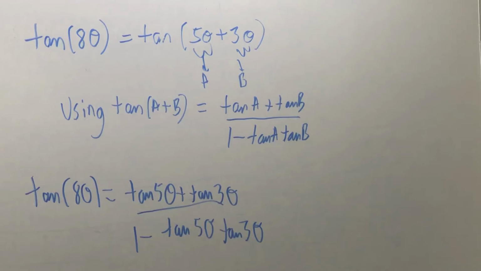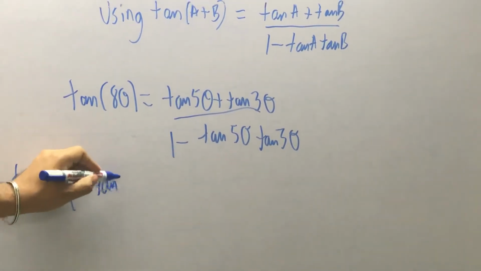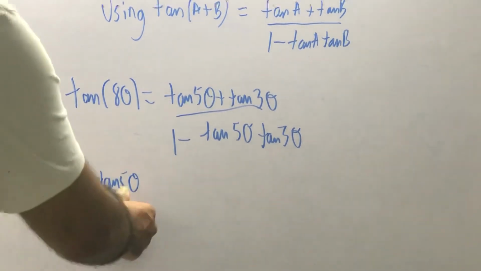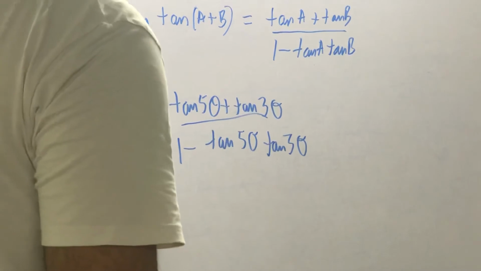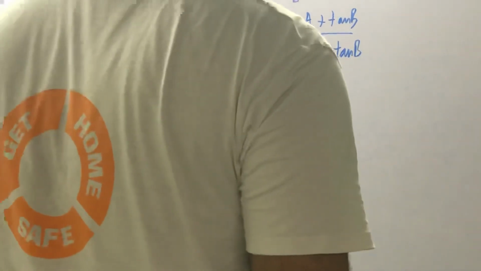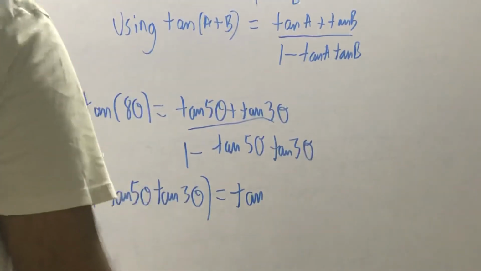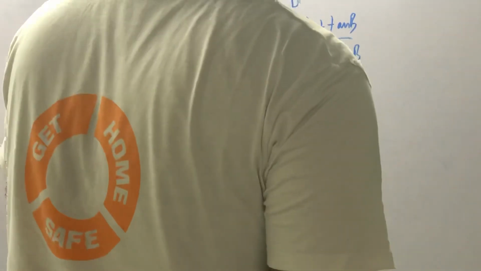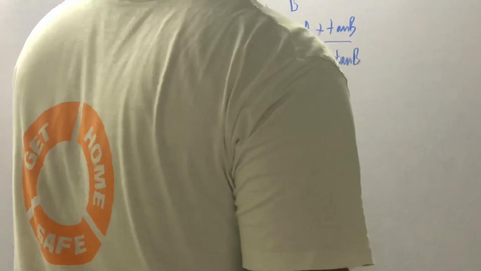Okay, now just take this whole term over there. So tan 8 theta into 1 minus tan 5 theta tan 3 theta is equal to tan 5 theta plus tan 3 theta.